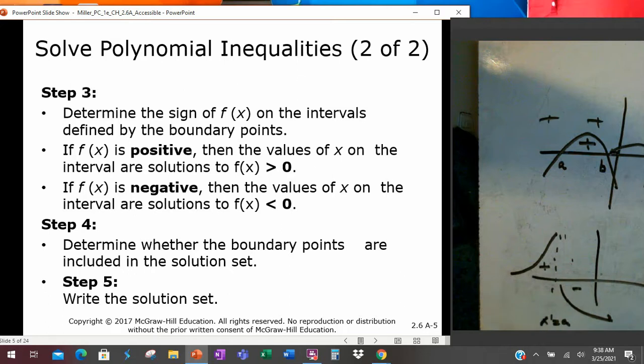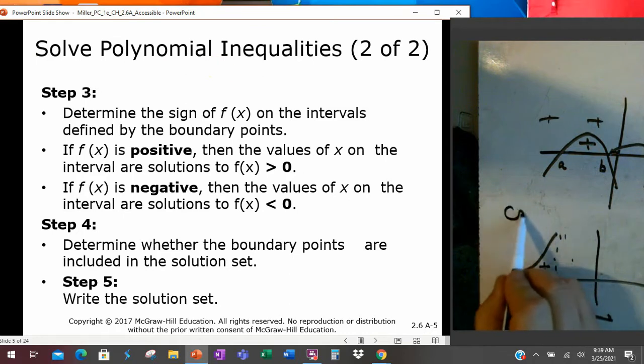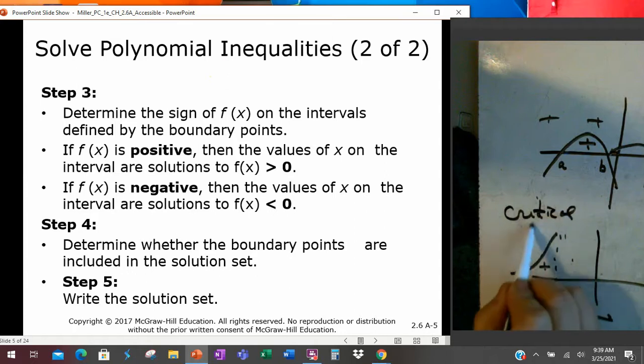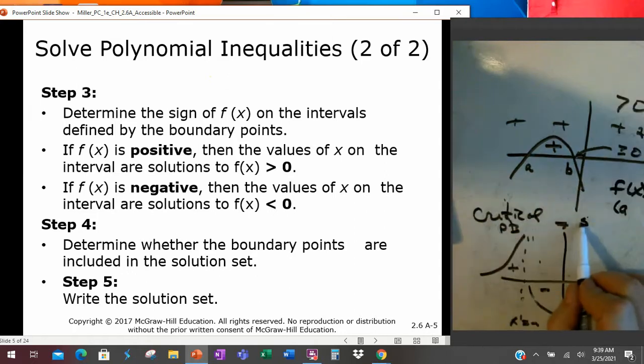They call them boundary points. The boundary points would be vertical asymptotes and zeros. I've always called them critical points, where the sign of the function can change. Okay, they call them boundary, that's fine.